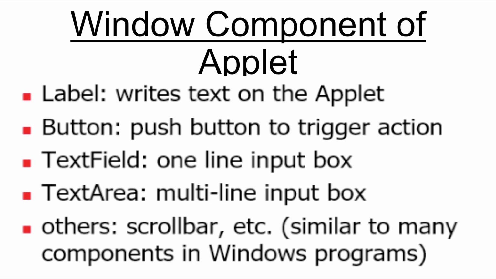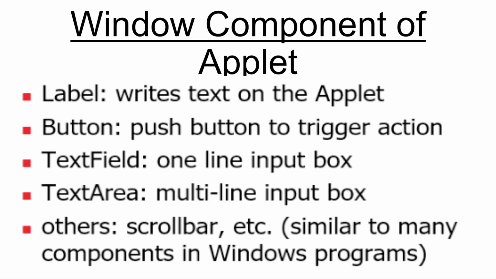The difference between a text field and a text area is that in a text field we can write only in one line, while in a text area we can write multiple lines, like any paragraph. So this is called a multi-line input box.